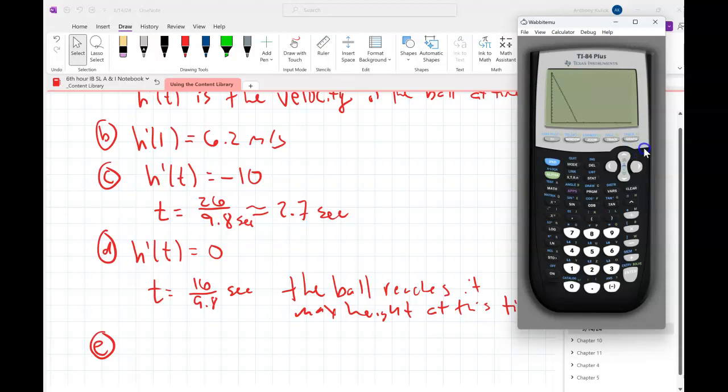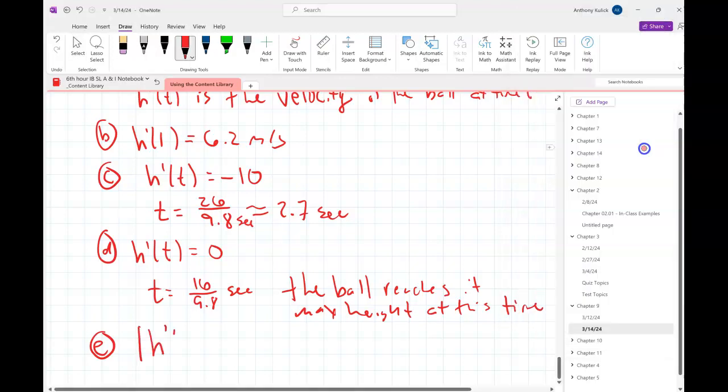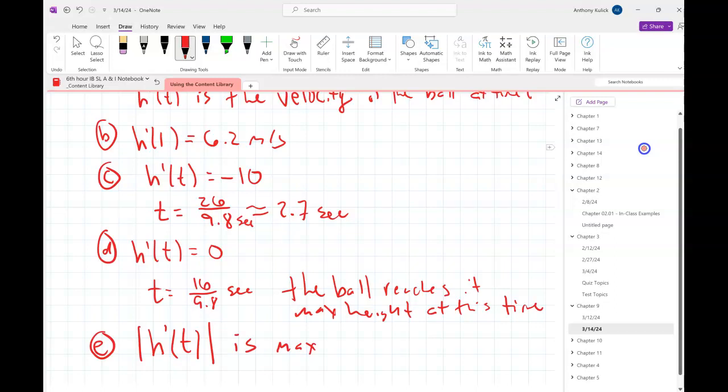What's the maximum speed at? Says maximum speed, right? So you want where, not velocity, you want where the absolute value of h prime of t is max.